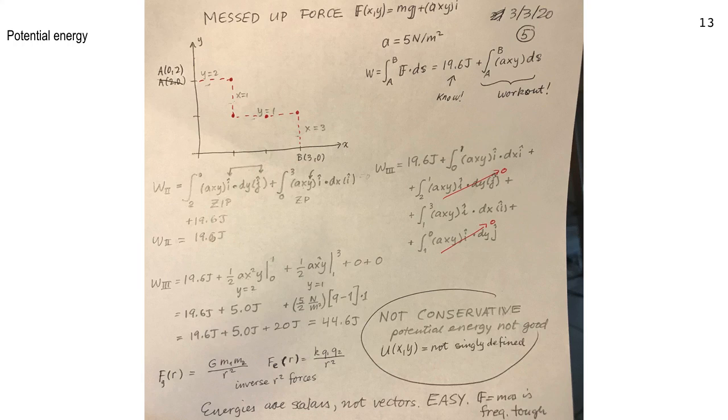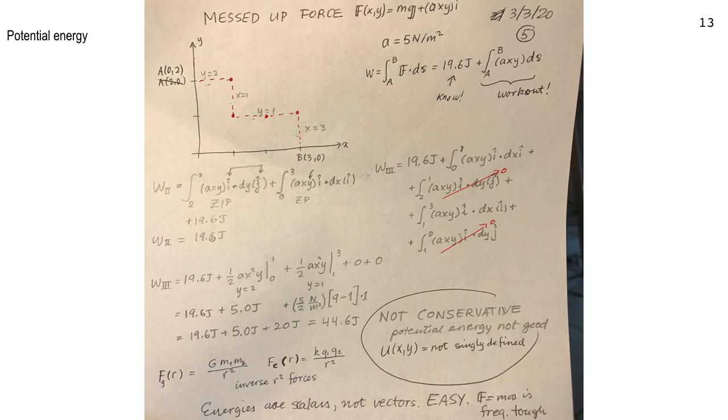All right, so this is let's see, 2.5 times 1. And what's y equal to here? y equals 2. And over here, y equals 1. So this is 2.5 times 1 times 2. So this is equal to 5.